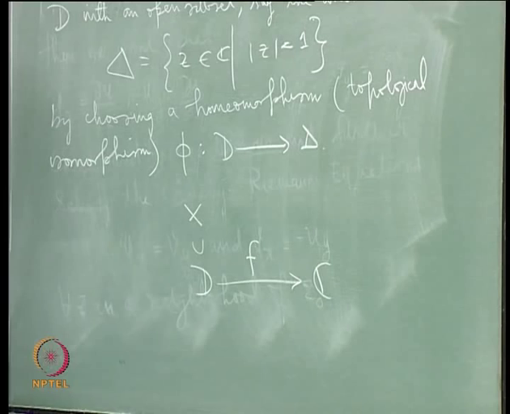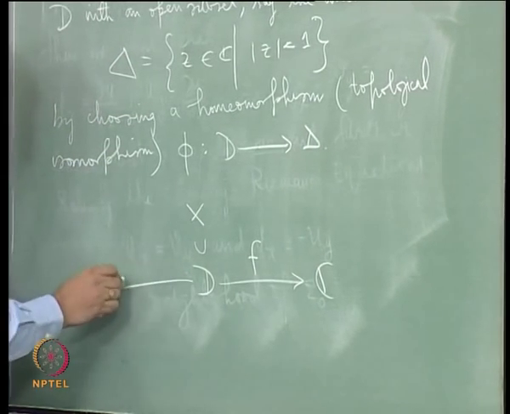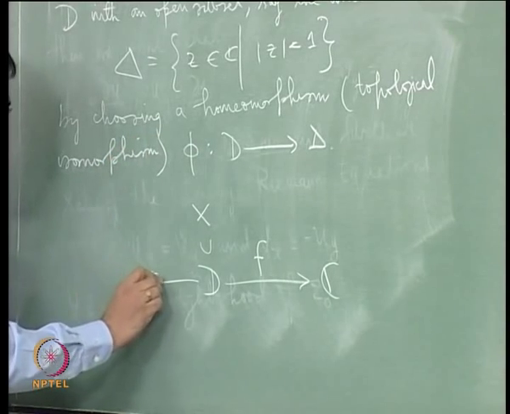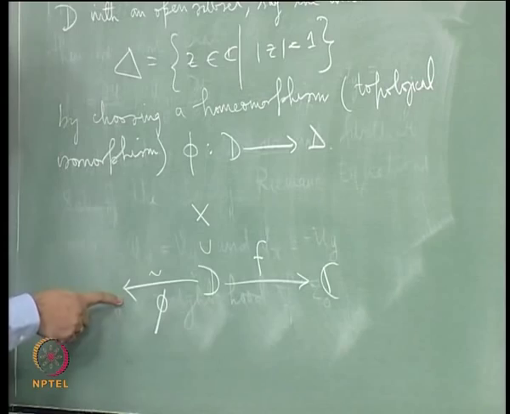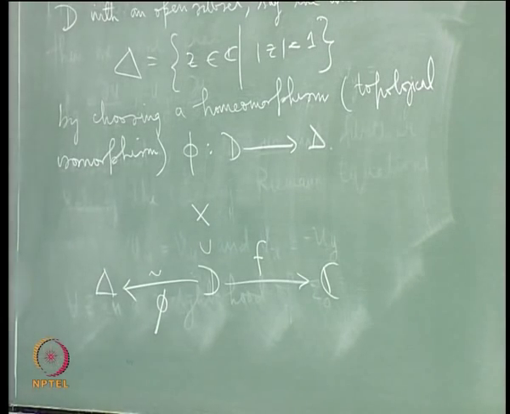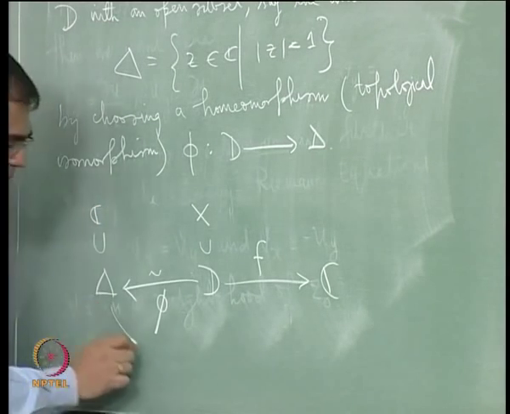So what I do is I take a topological isomorphism phi from D into the unit disk in the complex plane. This is a subset of C, and then I take this composition.